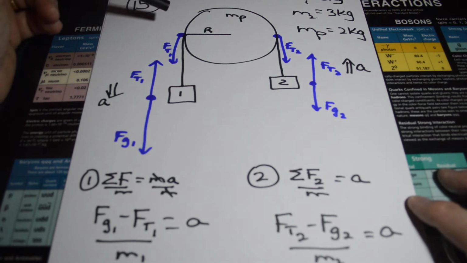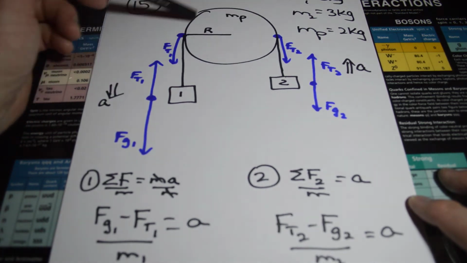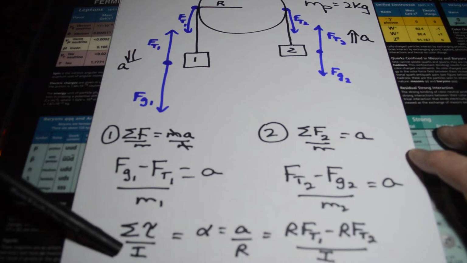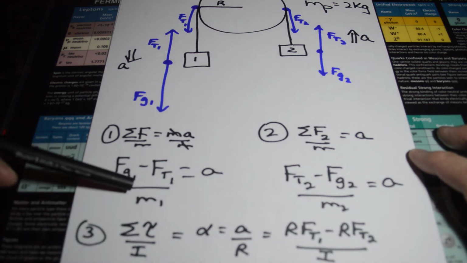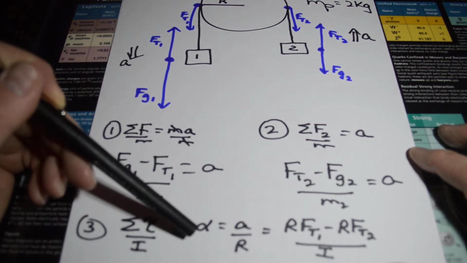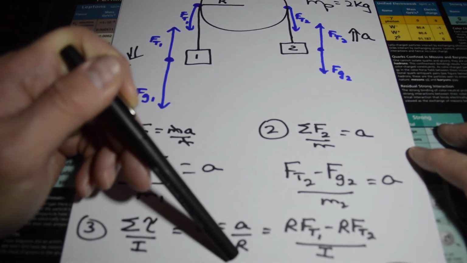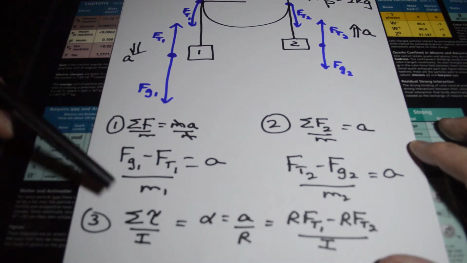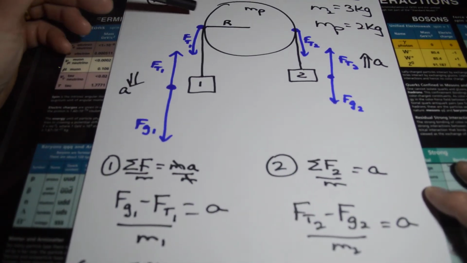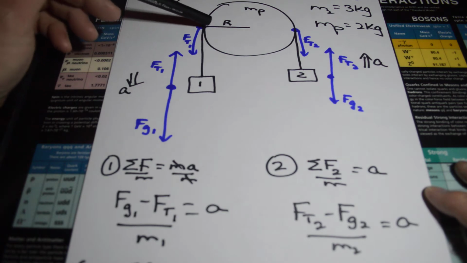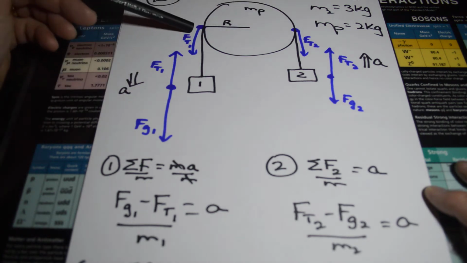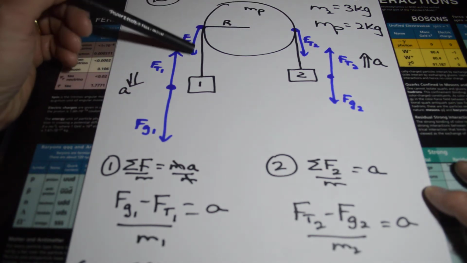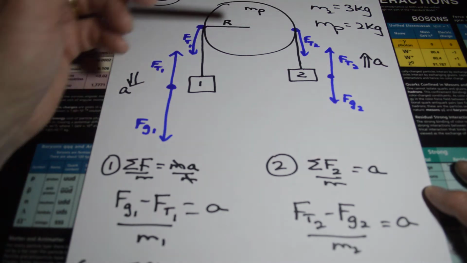And then the other equation you're going to write is, because this has some inertia, the sum of the torque, just like it was the sum of the force over mass, it's the sum of the torque over the moment of inertia equals the angular acceleration. How is this related? Well, the angular acceleration is the linear acceleration divided by the radius. So for the sum of the torques, if you go over here and take a look at the free body diagram, at the point where the string hits each side of the pulley, the torque will be caused by that tension force pulling down on either side.